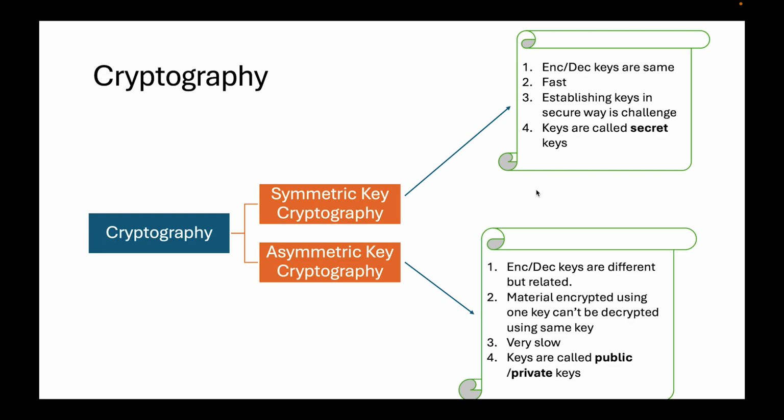Symmetric key cryptography is characterized by the fact that sender and receiver use exactly the same key for both encryption and decryption. It is fast in nature. You can encrypt or decrypt megabytes of data in a matter of seconds. However, the core problem is how to establish keys between sender and receiver, when they are far apart, in a secure manner.